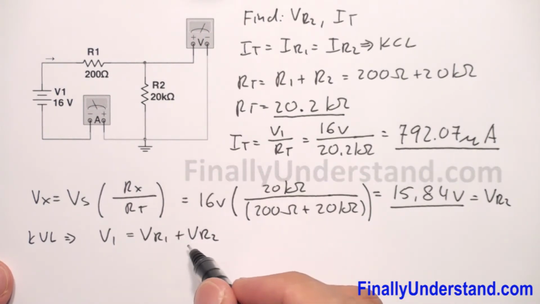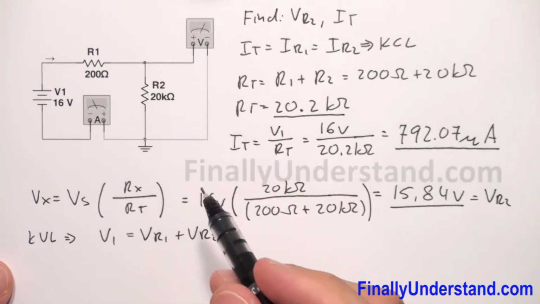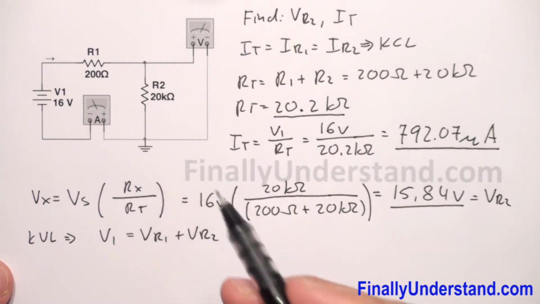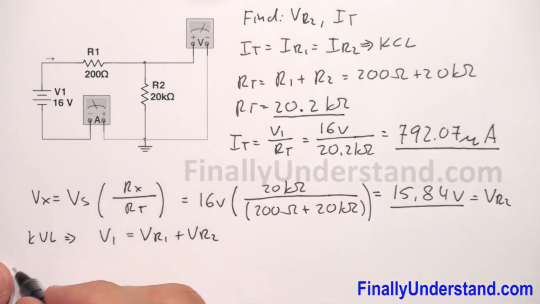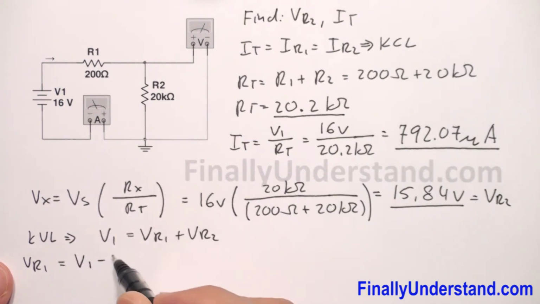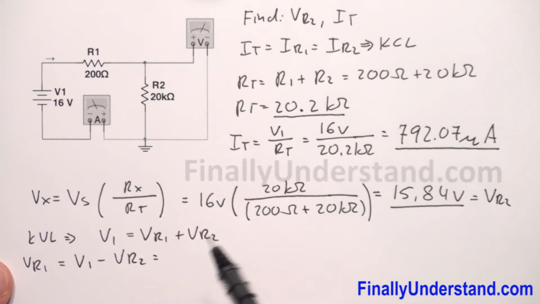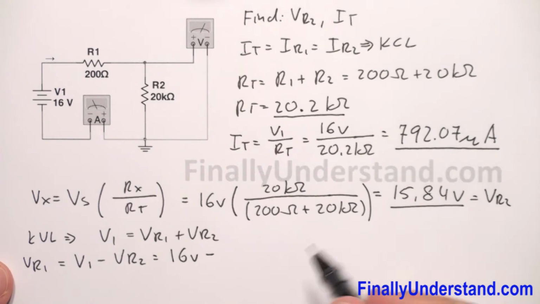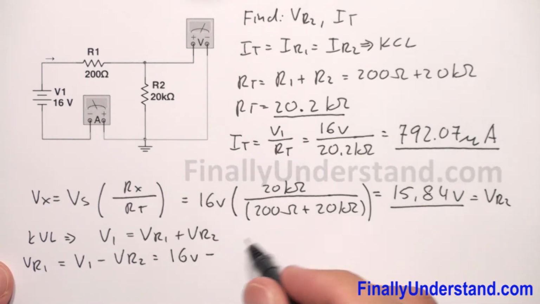This is KVL for the series circuit. So to find VR1, I simply write that VR1 is equal to the voltage source V1 minus VR2. V1 is 16 volts minus VR2.